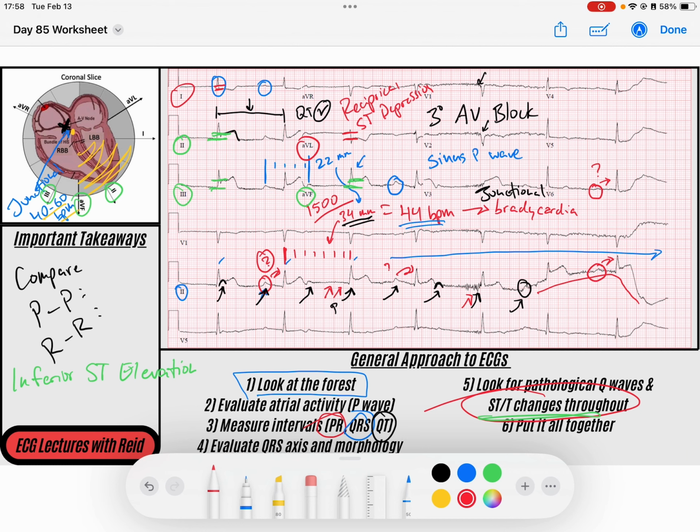And so we need to start understanding what is this syndrome that is going on. We've got a third degree AV block, and we have ST elevation in the inferior leads.